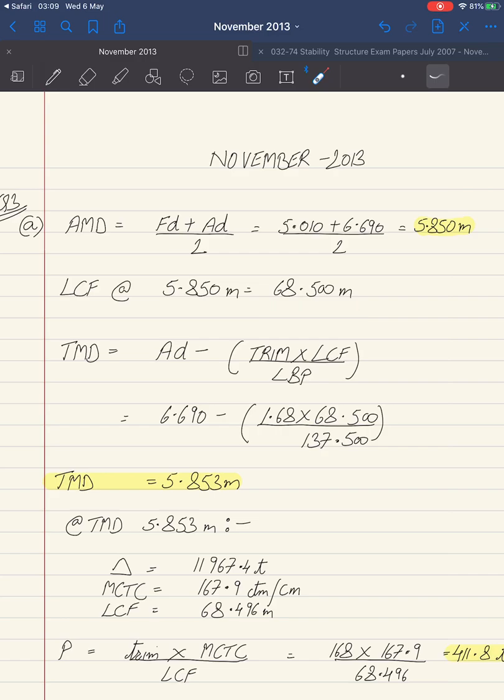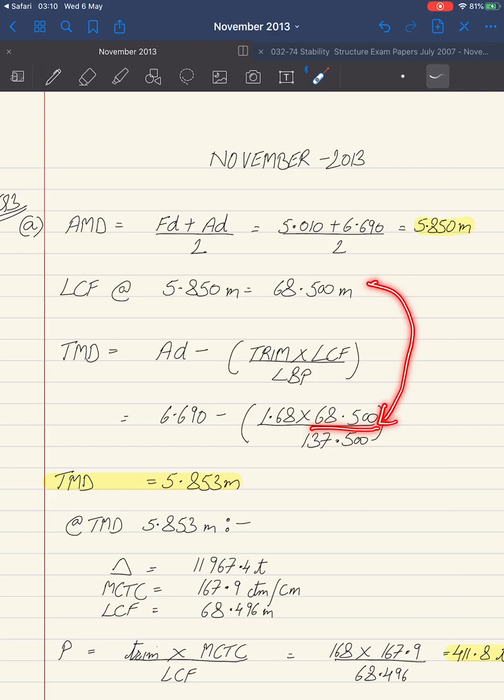True mean draft equals aft draft minus trim times LCF over LBP. We know the aft draft of the vessel is 6.690 meters. The trim of the vessel, which is the difference between forward and aft draft, is 1.68 meters. And the LCF of the vessel is 68.500 meters, which we have obtained.